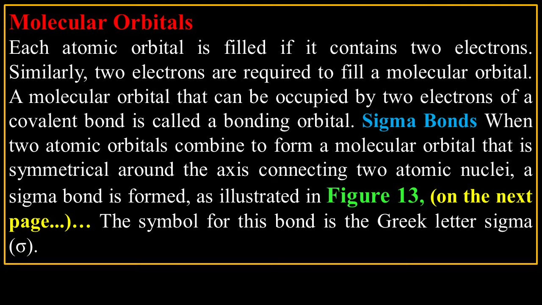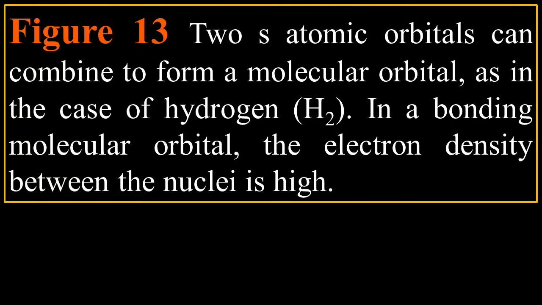Sigma bonds: when 2 atomic orbitals combine to form a molecular orbital that is symmetrical around the axis connecting the 2 atomic nuclei, a sigma bond is formed, as illustrated in figure 13 on the next page. The symbol for this bond is the Greek letter sigma, which is illustrated there.